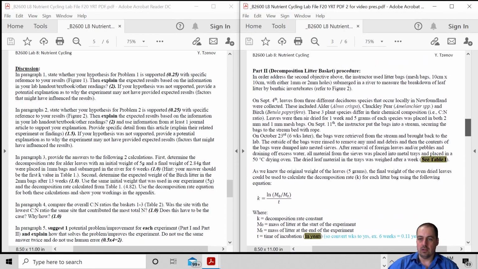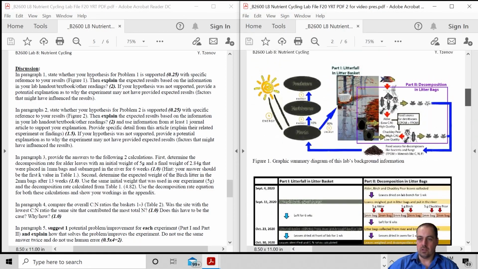And so that's what's illustrated here. Higher quality leaves attract more inverts, which equals a higher decomposition rate. And the other thing you want to do is if your hypothesis is not supported, that's not a big deal.